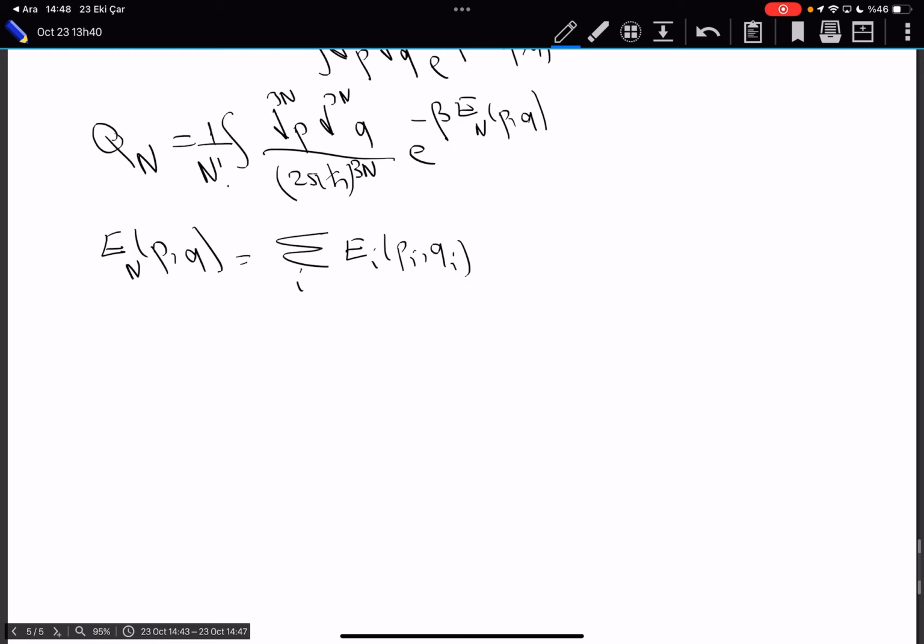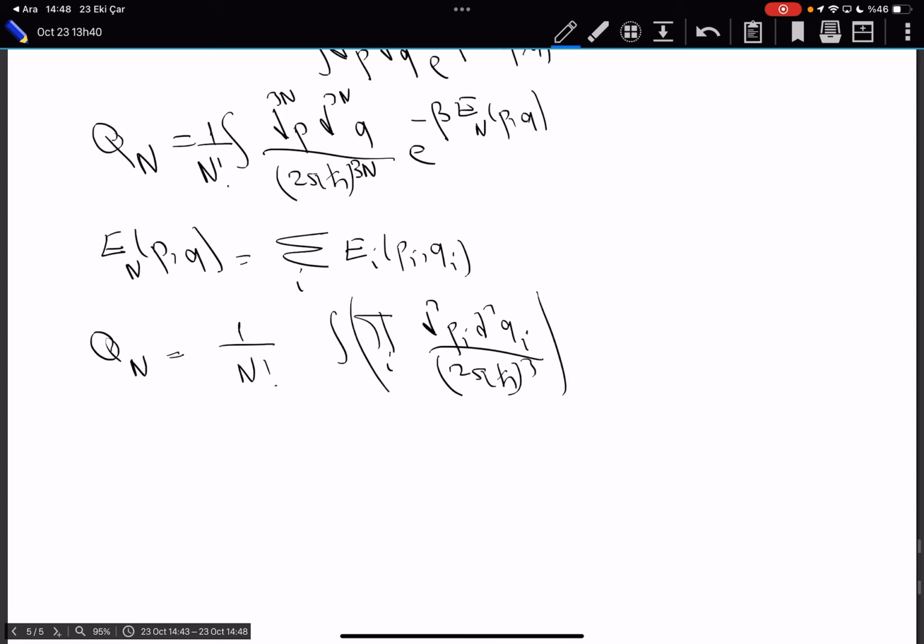Now, if I do this, Q_n becomes 1 over n factorial times the integral of d^3p_i d^3q_i divided by (2 pi h bar)^3, times the product over i again of e to the power minus beta epsilon_i.